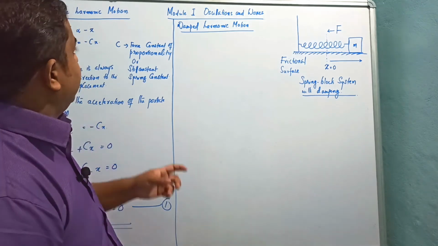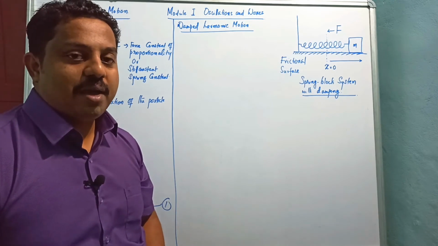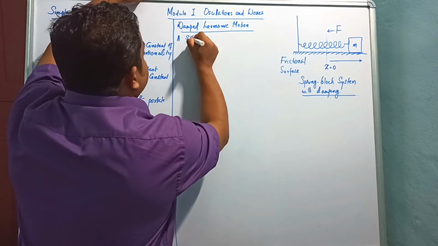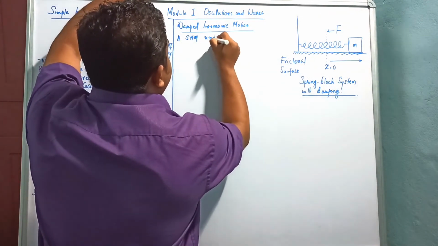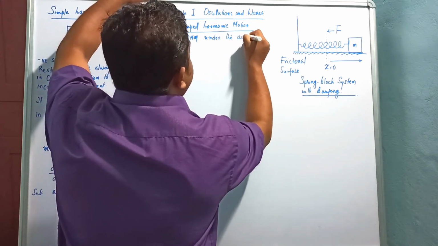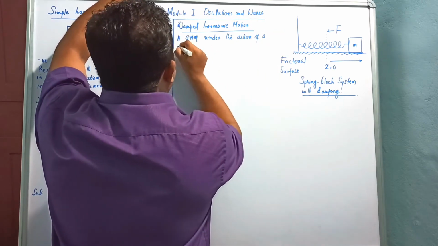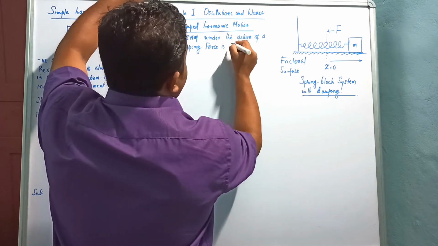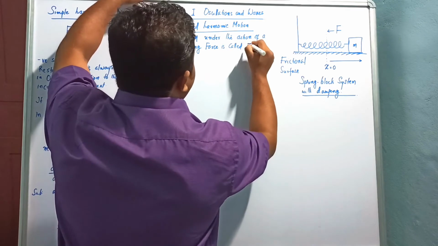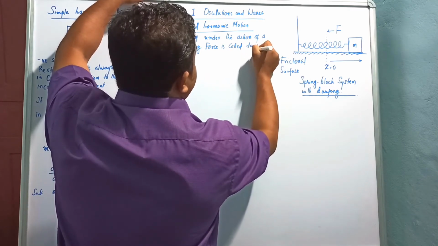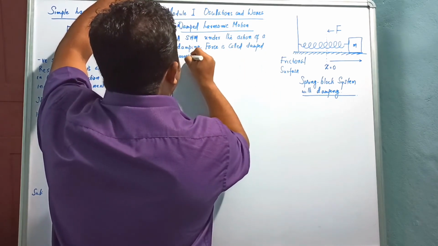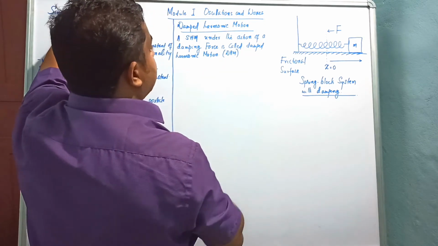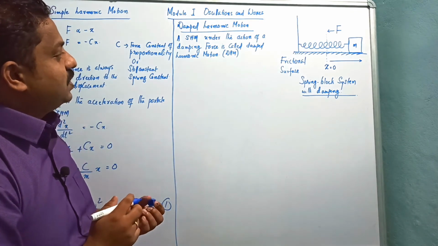In a simple way, we can say a simple harmonic motion under the action of a damping force is called a damped harmonic motion, DHM.